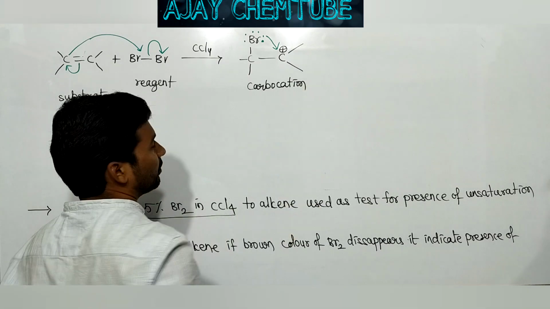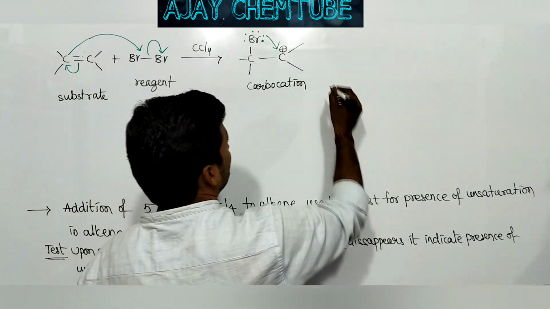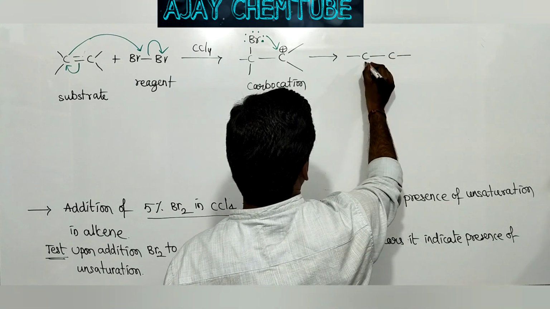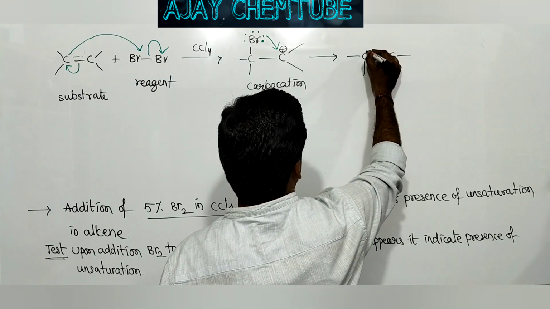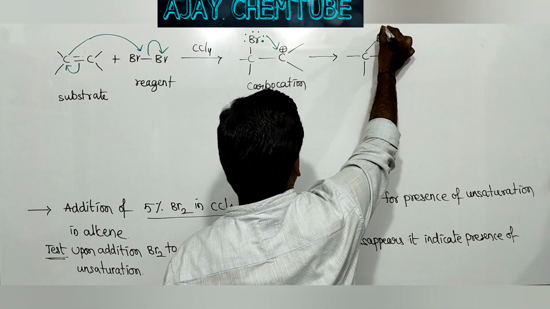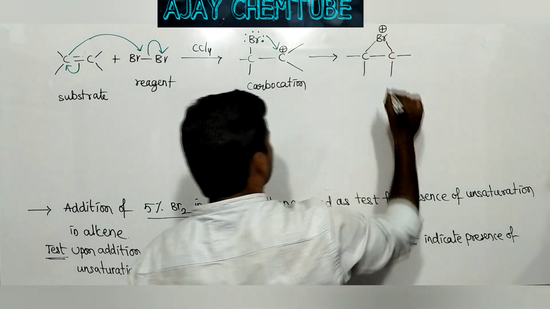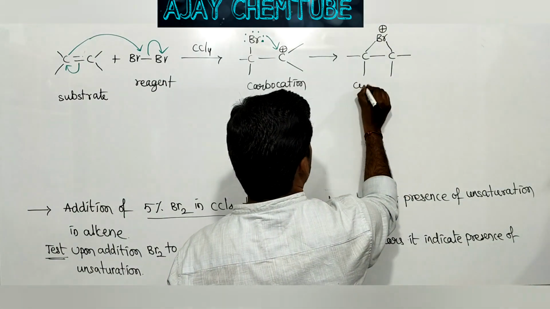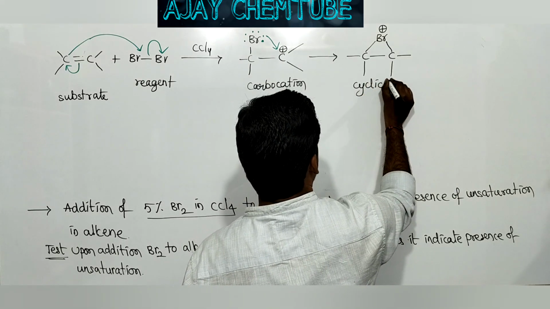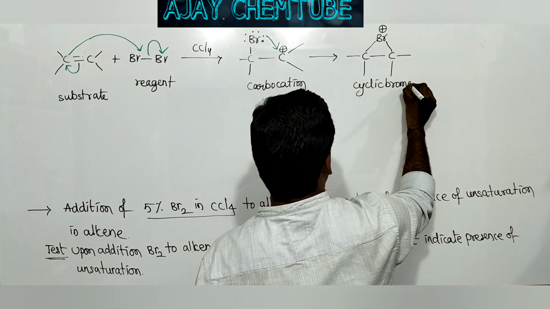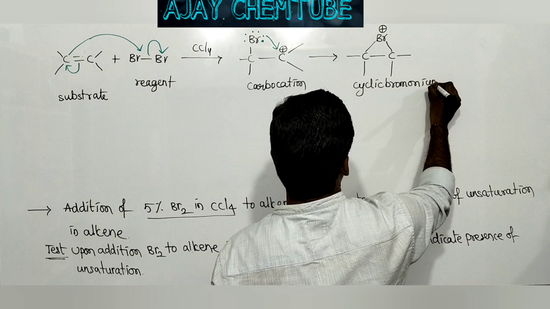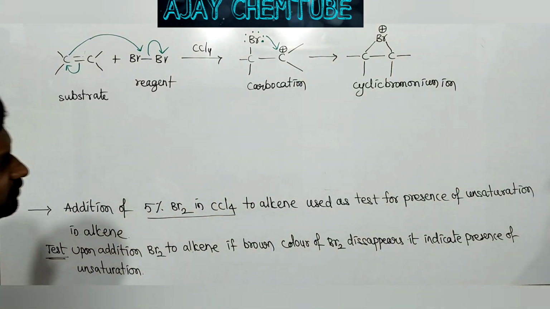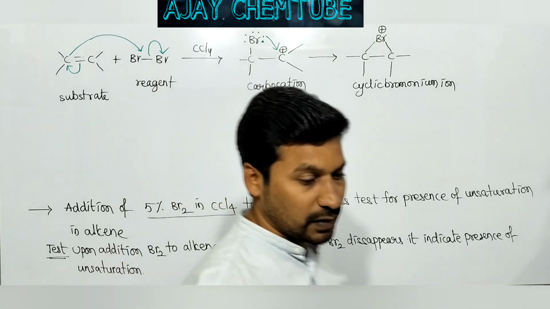The carbocation is formed, but it is readily attacked by bromine, which carries a positive charge, to form a cyclic bromonium ion. This is step 1. In step 2, what happens next?